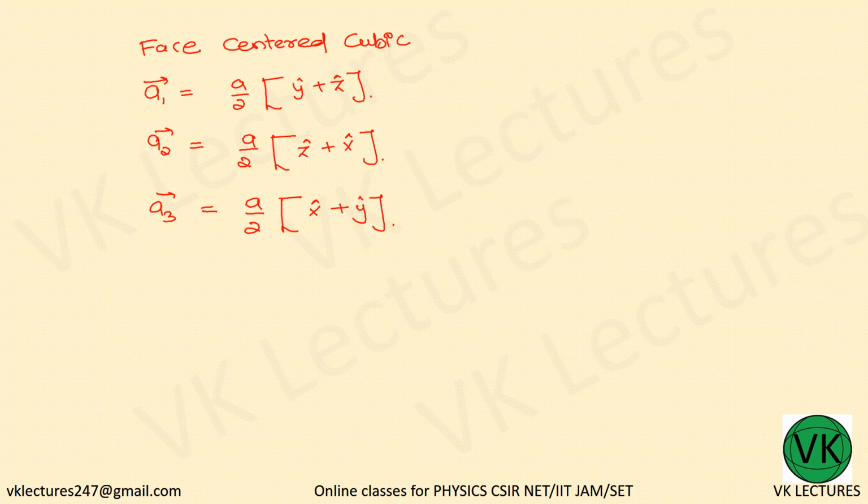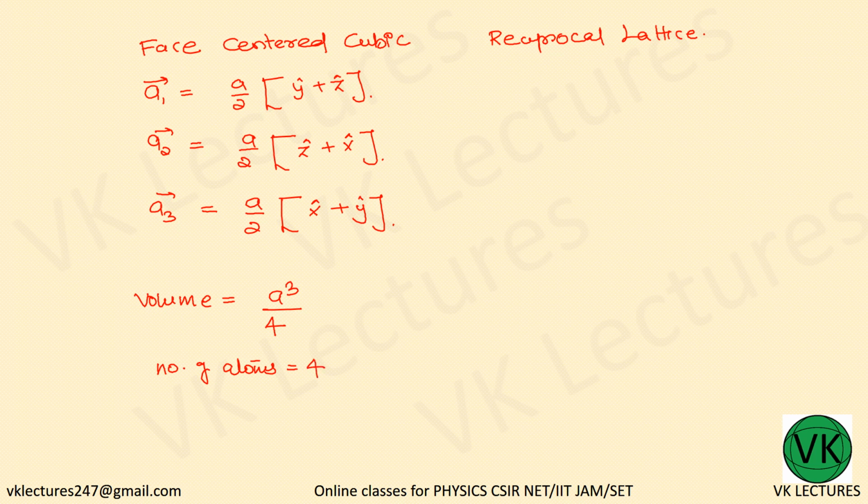So these are the lattice vectors. Now coming to the reciprocal lattice vector of face centered cubic. Before going to the reciprocal lattice vector, let us define the volume of the unit cell here. Volume equal to a cube by 4, where 4 is the number of atoms in face centered cubic.